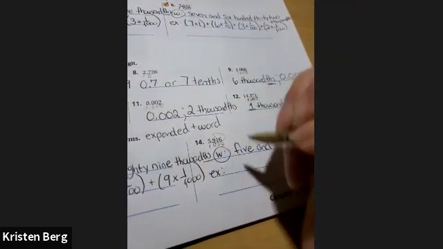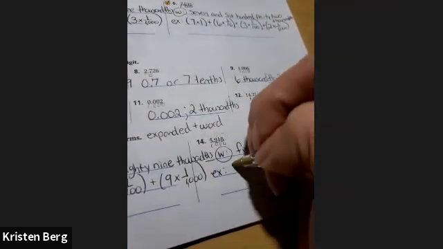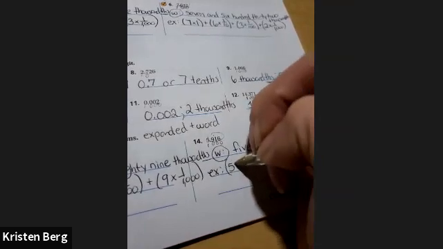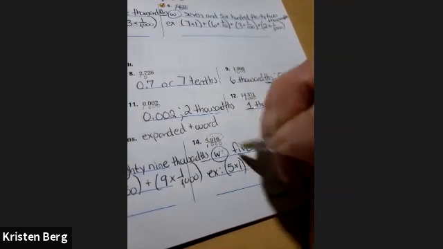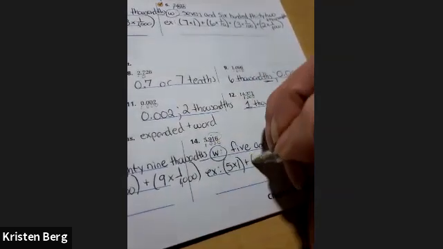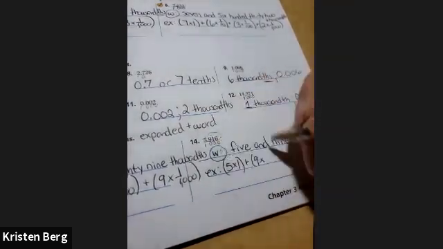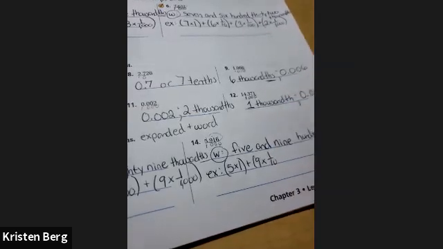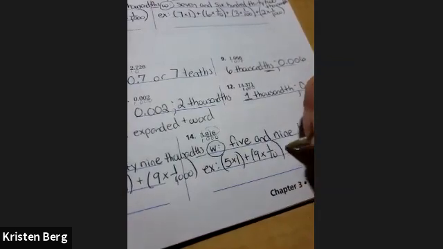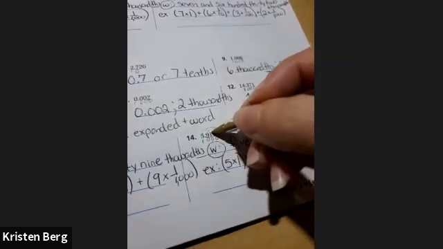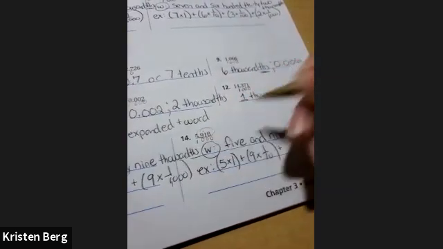THS at the end. All right, now the expanded form, I'm going to write real fast. The 5 is the first digit that we care about, and it is in the ones place, then plus. Then the 9 is in the tenths, so you do 9 times 1 over 10, plus, now it is a 1 in the hundredths.